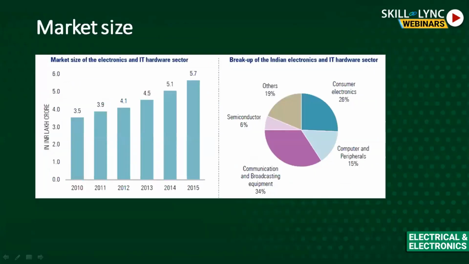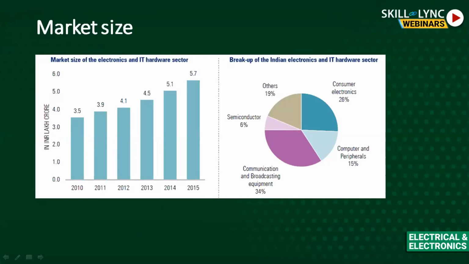And moving on to the next, here you see the market size. You can see year on year the industry is growing, and as we have seen previously, it is expected to grow further at a compounded annual growth rate of 4.5%. And on the right hand side in a chart, you see the breakup of the Indian electronics and the IT hardware sector.